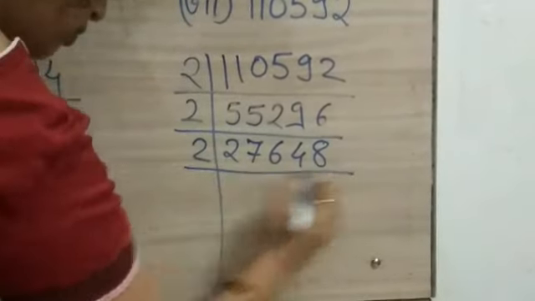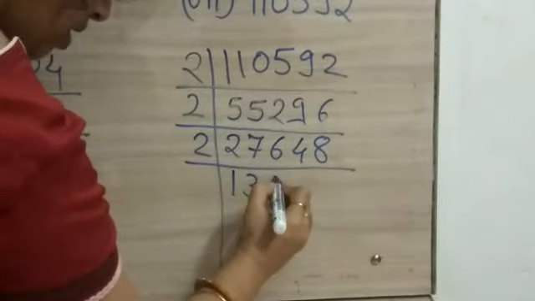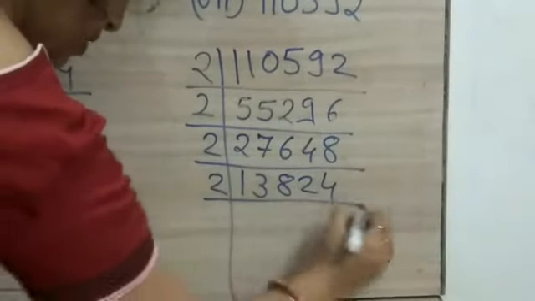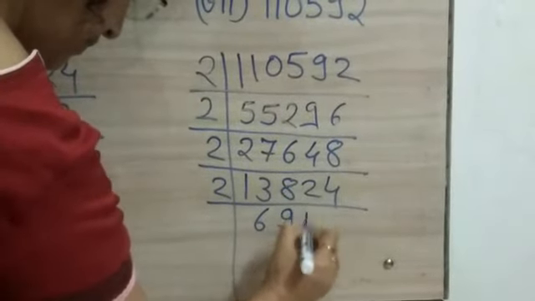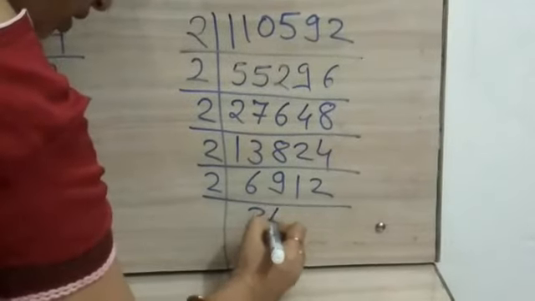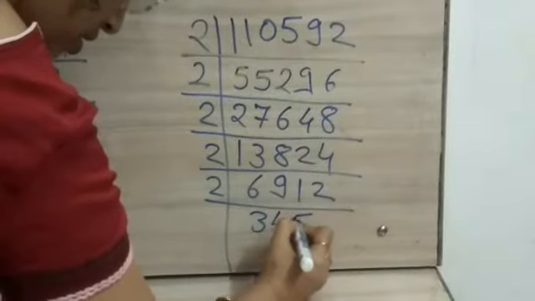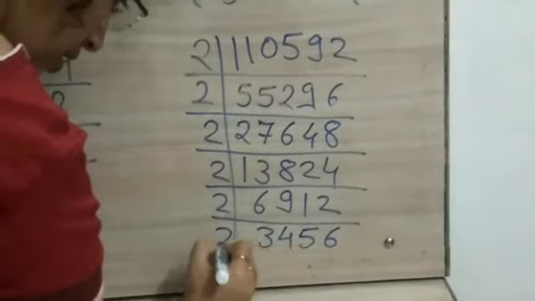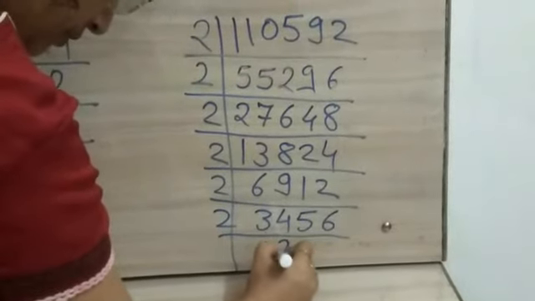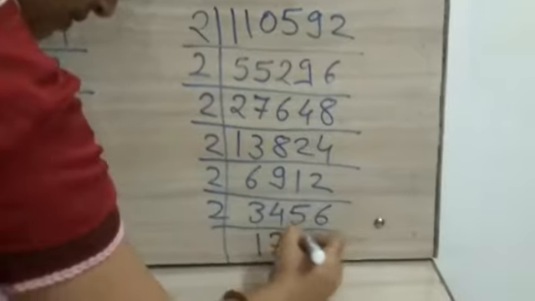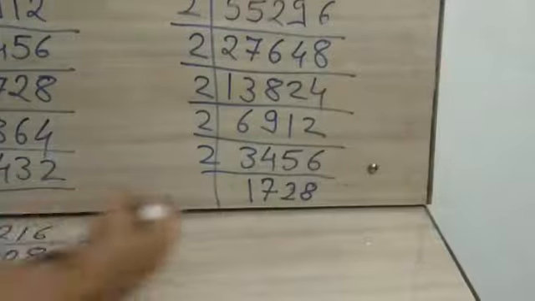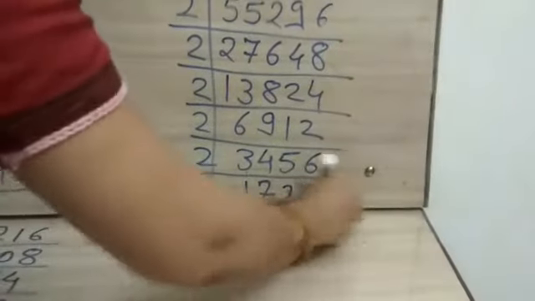Again it will go by 2. Again by 2. Again by 2. Again by 2. 1728 it is.